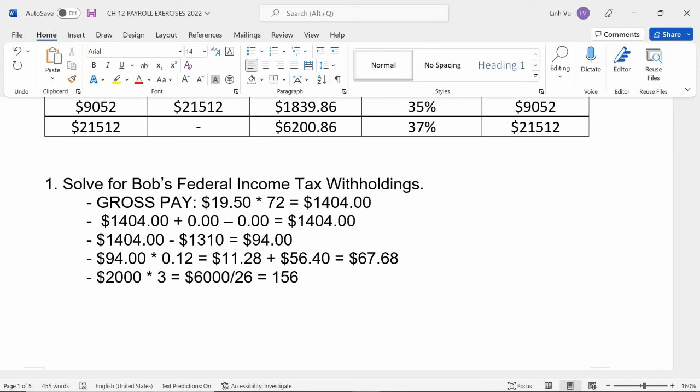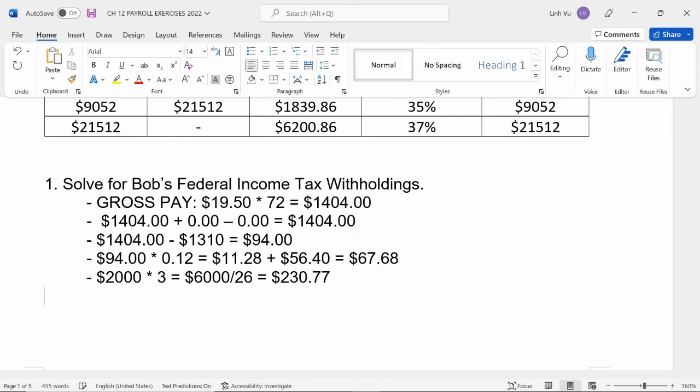So if I divide 6,000 by 26 paychecks, whoa, wrong number, let me try that again. 6,000 divided by 26 paychecks, he's going to be subjected to a total of $230.77 for withholding. That means we as a company need to withhold this amount from his paycheck.